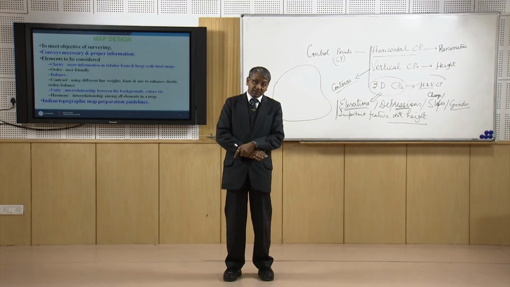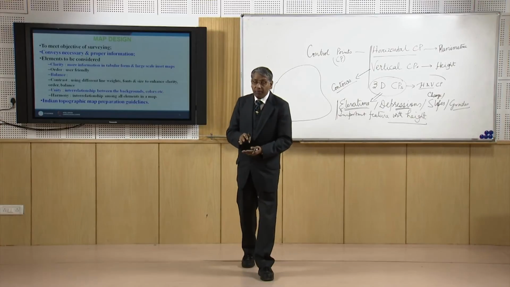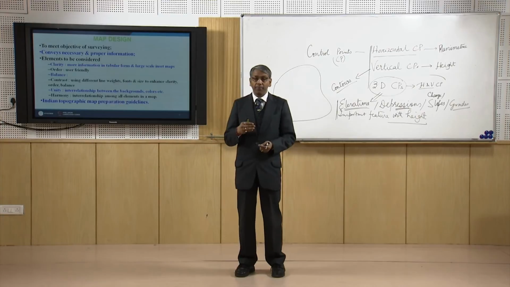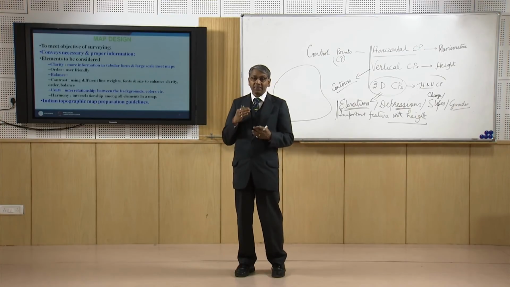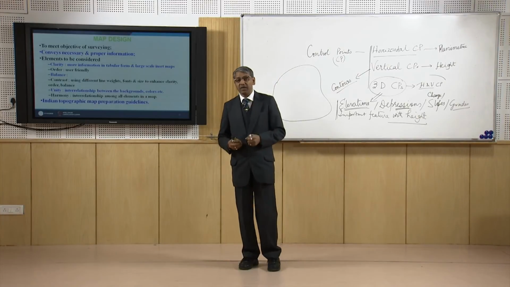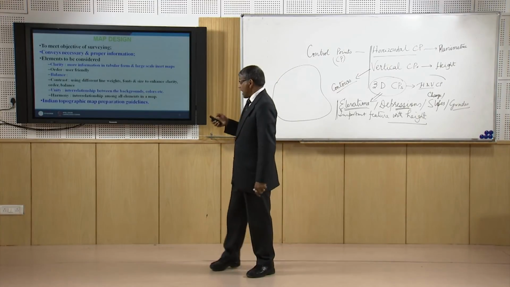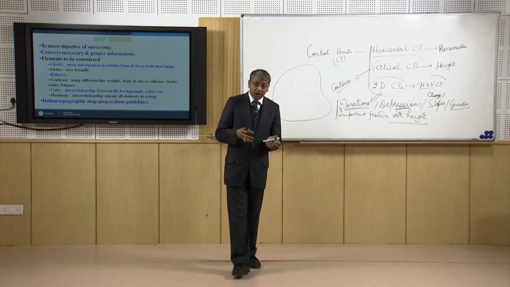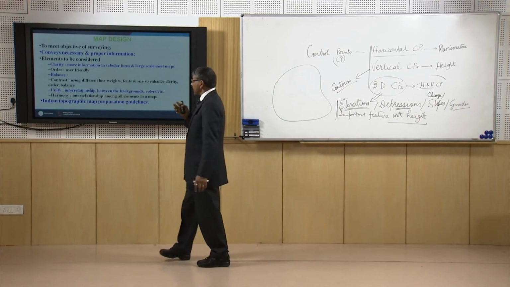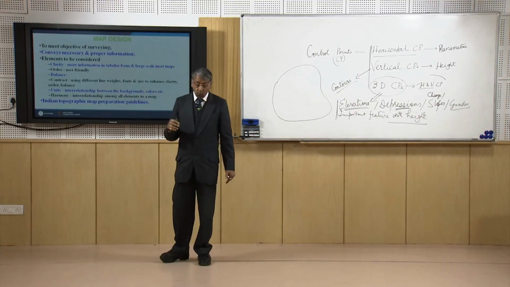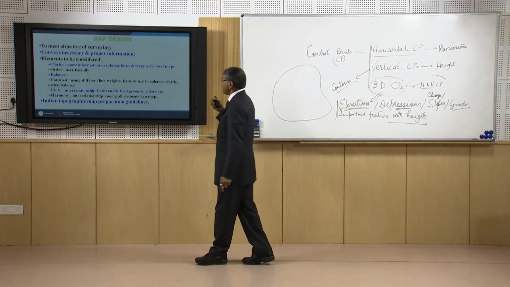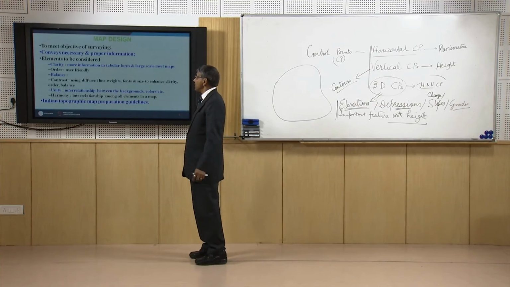Our design will depend primarily on the objective, that means for which purpose we are preparing the map, and then we should see that the design satisfies the requirements of the users. That means it must convey the information which the user requires to collect from that map, and all the necessary information should be available.